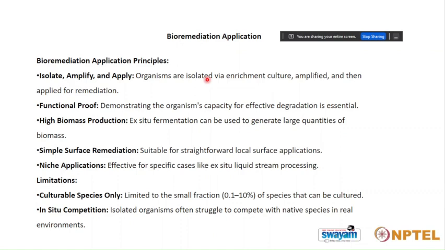Anyway, different advanced techniques are there to study organisms without culturing them, but these culturable organisms can be best studied among the other organisms. And there will be in situ competition among the organisms, which will also reduce the process efficiency. So these are the basic limitations in the application of bioremediation.